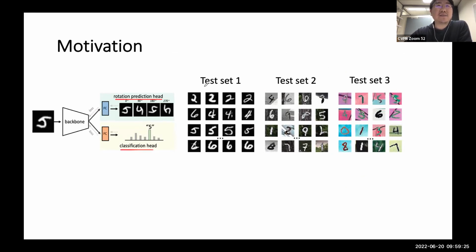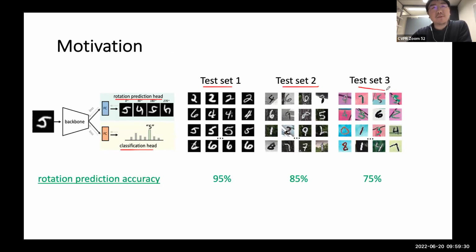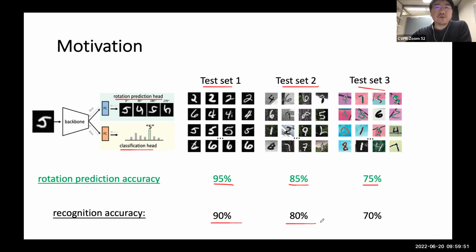Suppose we have test set 1, test set 2, and test set 3. The rotation prediction accuracy from 1 to 3 drops: 95, 85, and 75. Correspondingly, the digit recognition accuracy also drops, from 90% to 80% to 70%. So you can see they go together.